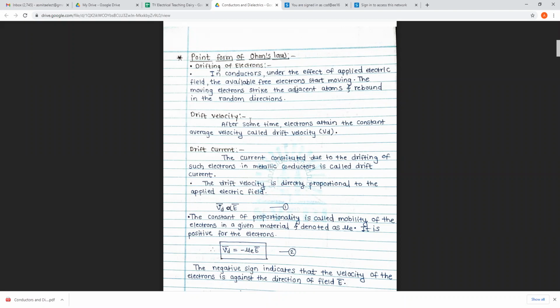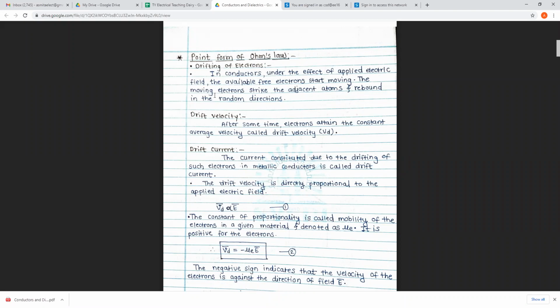Okay, so what is meant by this drifting? When these moving charges or moving electrons collide with each other and go in any direction, okay, when they collide each other, then it is called the drifting of electrons.